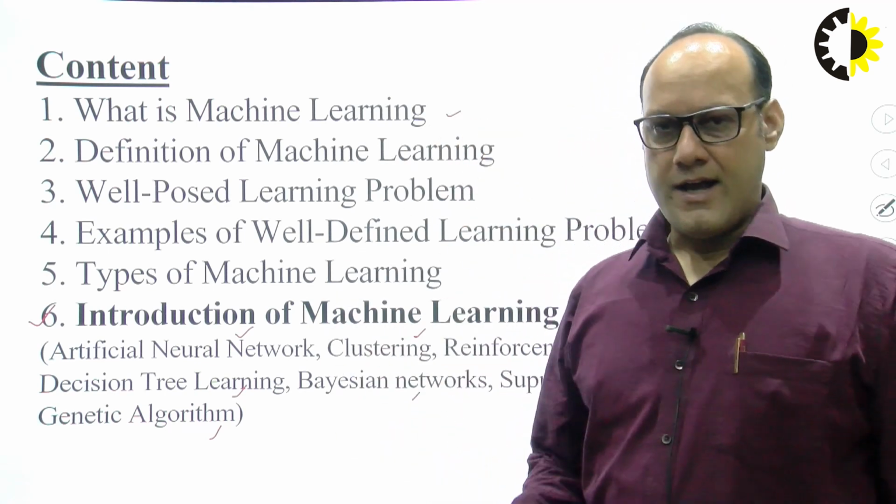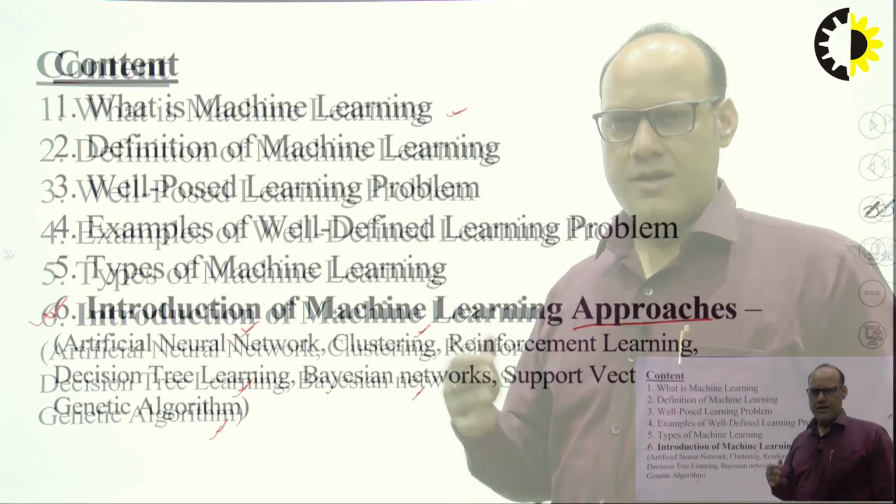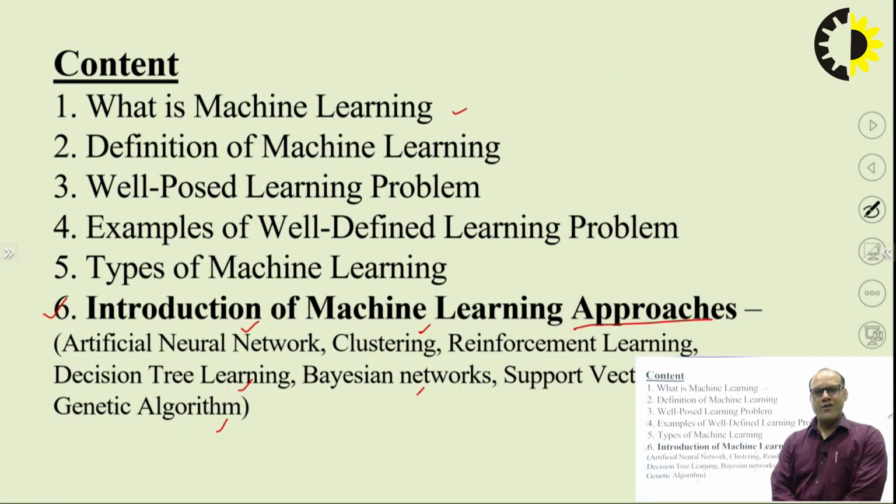As you all know, and as I have briefed in my previous lectures also, machine learning is a multidisciplinary subject, so we will get flavors of all the subjects here. What we are going to do is train a machine. The question arises, what type of training are we going to do, and how will this machine learn?